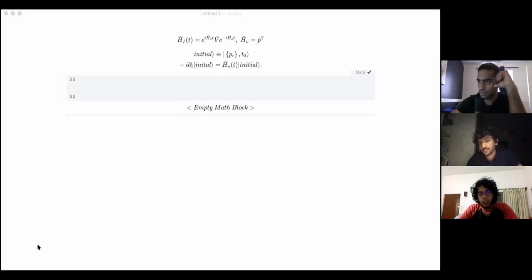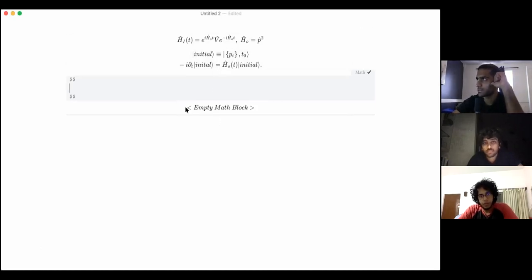Let's see if we can get to the bottom of where the interaction picture comes from. What do you want to do to make this the solution of the Schrodinger equation? The structure has kind of been laid out for us.